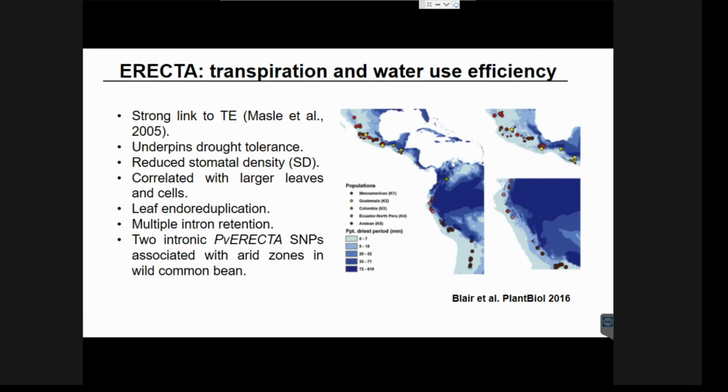So again, ERECTA is involved in leaf endoreduplication. We don't know if it's involved in the root or in the rhizobia. But we do know that it results in reduced stomatal densities. And this is where a lot of the water use efficiency work of ERECTA comes in.